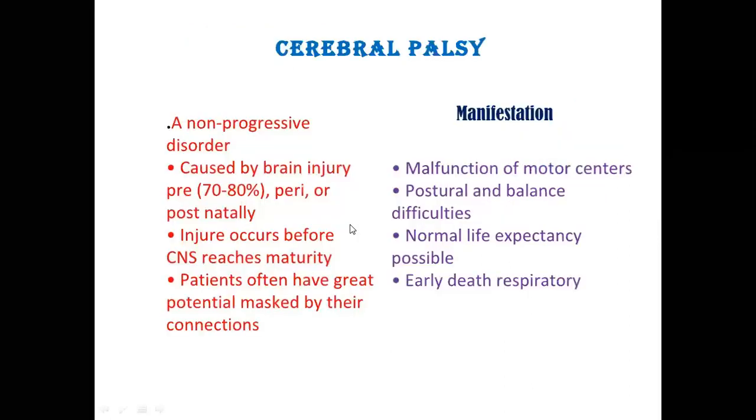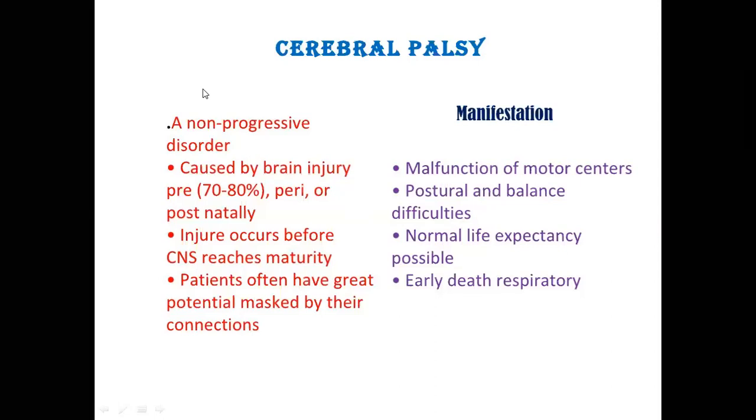Now, cerebral palsy. This is a disease which you will come across in your clinic. There are certain babies who come with a disorder that is non-progressive, caused by brain injury. Whenever a baby comes who is not able to walk or sit properly, we ask the mother whether the baby cried immediately after birth or long after birth.